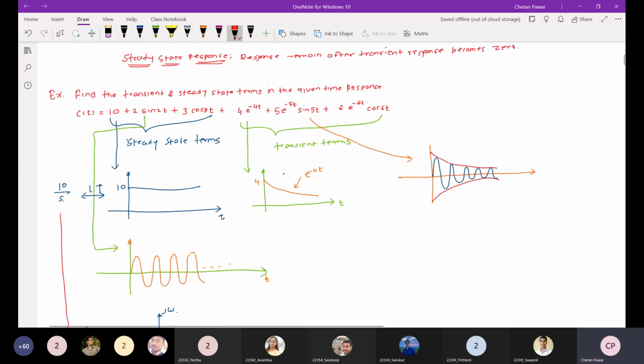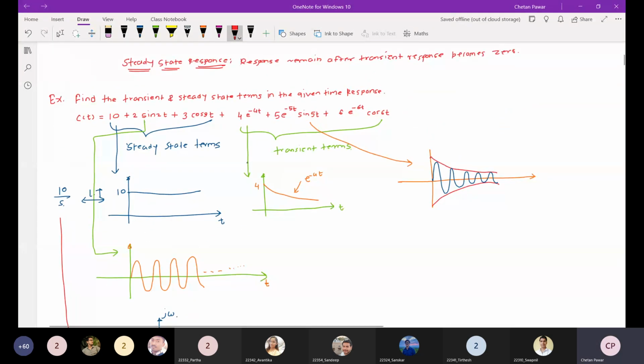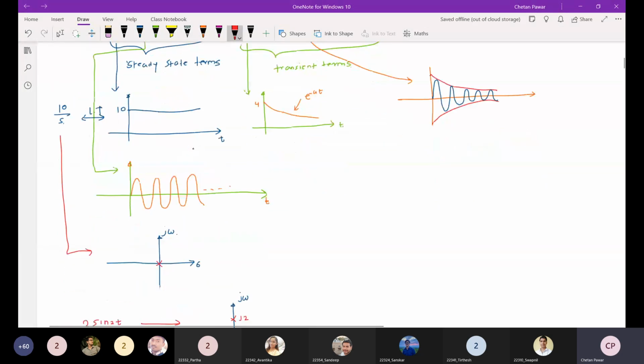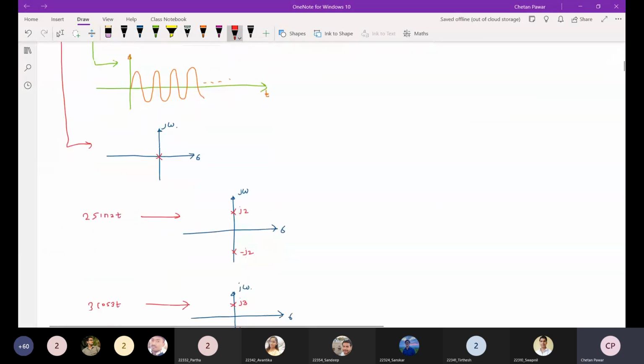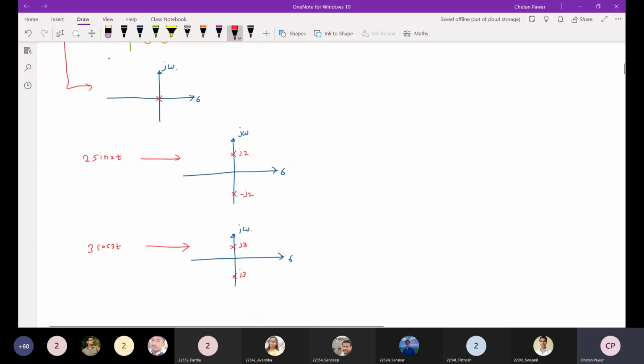Okay, so here the transfer function is infinity, right? Now here you can see, as you observe, what is the similarity in steady state terms if we see the S domain pole locations? What is the similarity between the steady state terms?